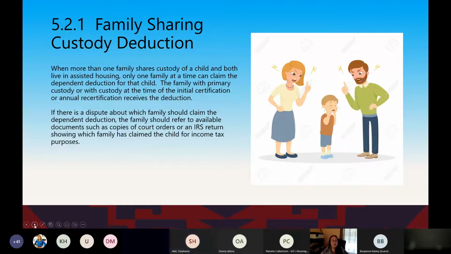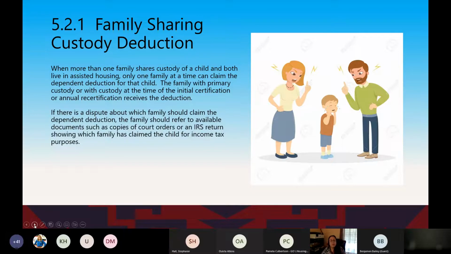Family sharing custody deduction, when one or more of the family shares custody of a child, and maybe both sets are within your housing, only one family at a time can claim that dependent deduction. The family with primary custody at the time of the initial certification or the annual recertification would receive the deduction.